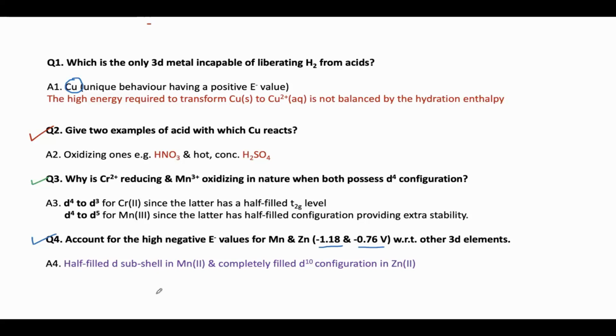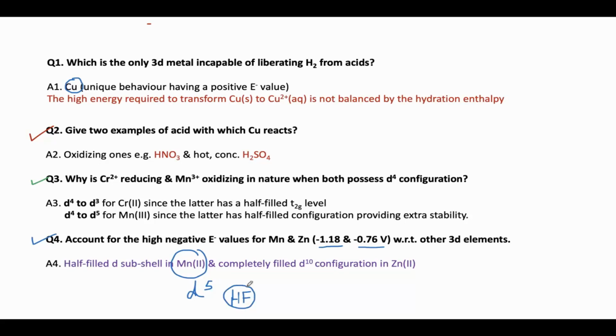So from Mn0, if it goes to Mn2+, it has the D5 configuration. You know this D5 configuration is the half-filled configuration, and half-filled configurations are very stable in nature. That's why Mn2+ is very much stable.